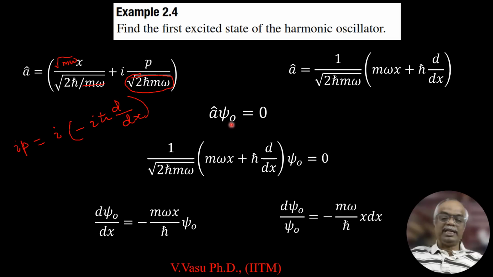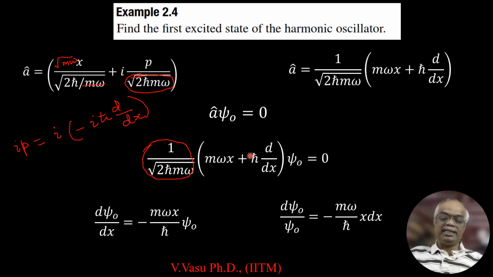So naturally you replace A, the annihilation operator, by this. Simply you will get m omega x plus h-bar d by dx, acting on psi naught, is equal to 0.